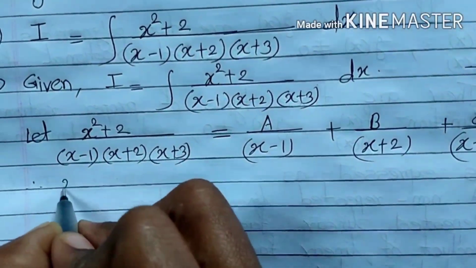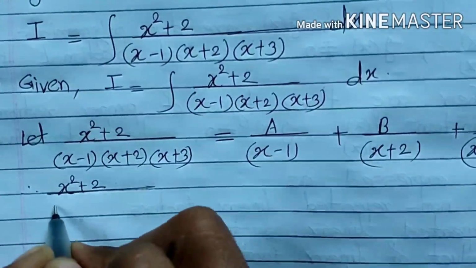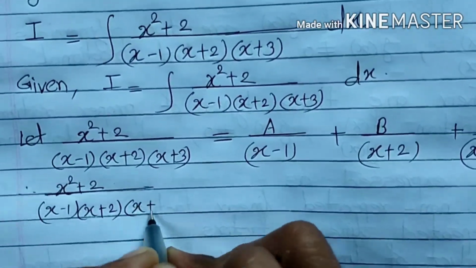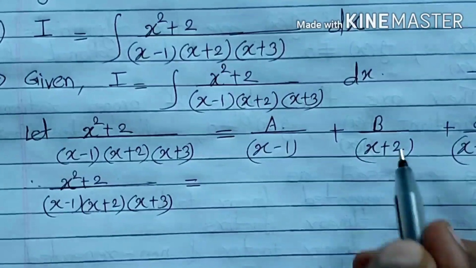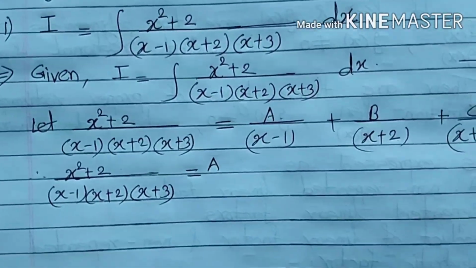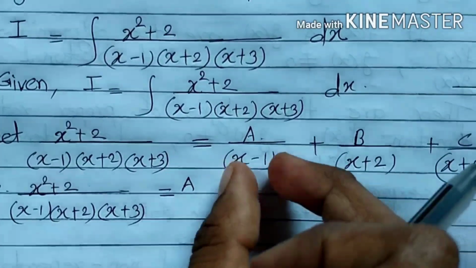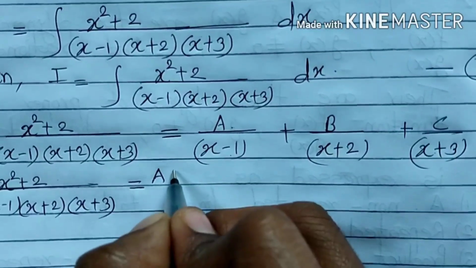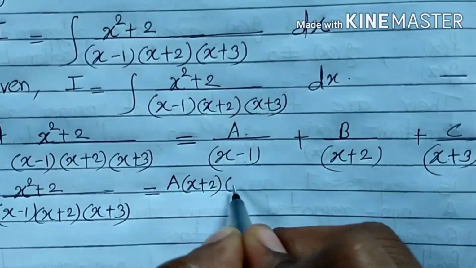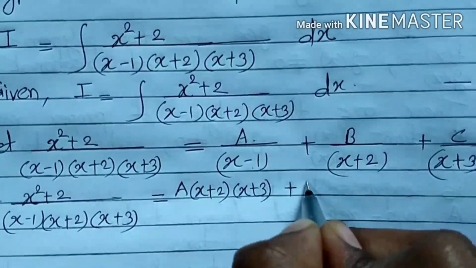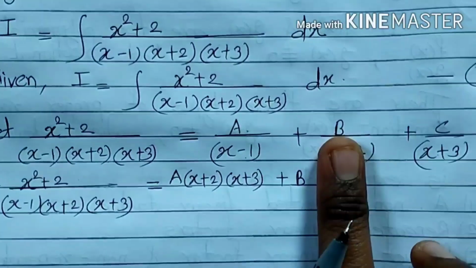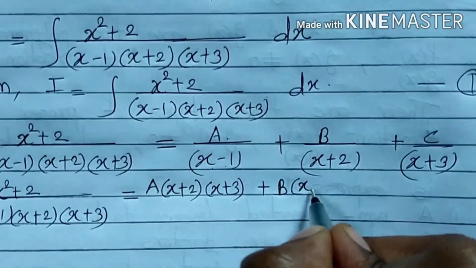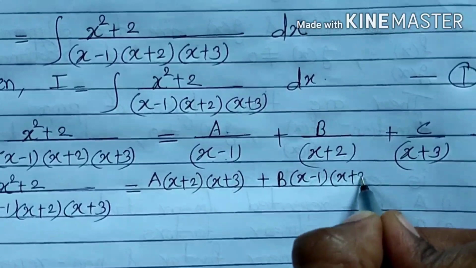So write it as it is: (x squared plus 2) upon (x minus 1)(x plus 2)(x plus 3). Multiply this. If we take cross multiplication, then leave that part and take only the multiplication of the rest. So it is A times (x plus 2)(x plus 3) plus B. When we take B, we don't take that part, so we take only (x minus 1)(x plus 3).